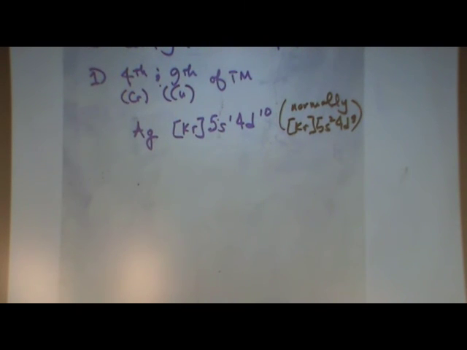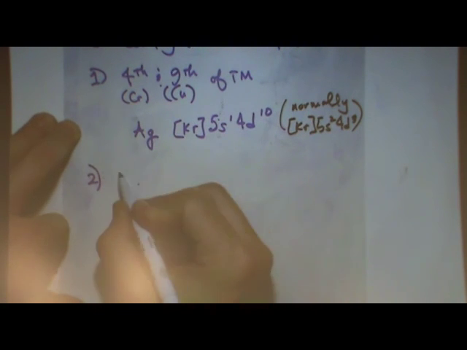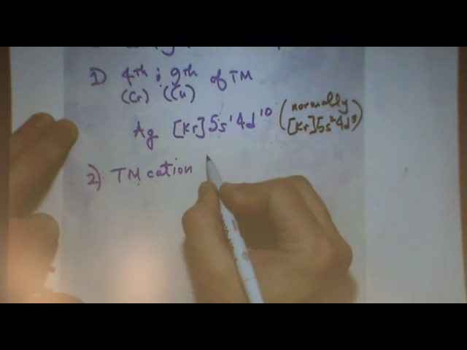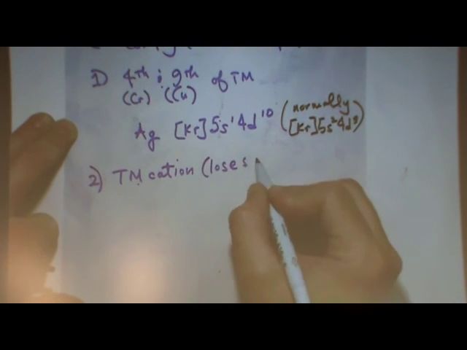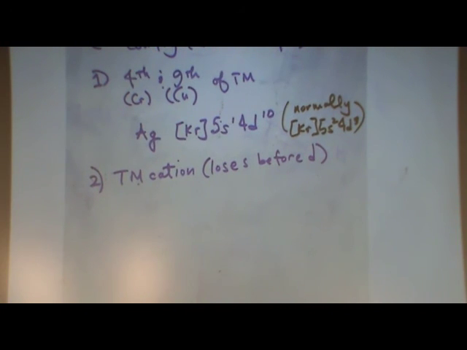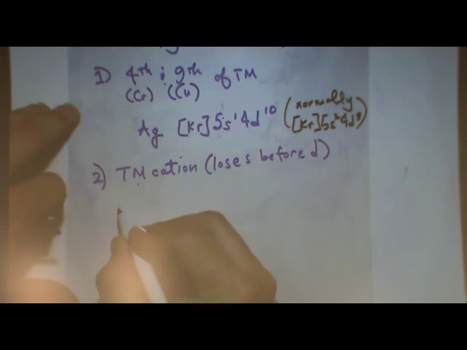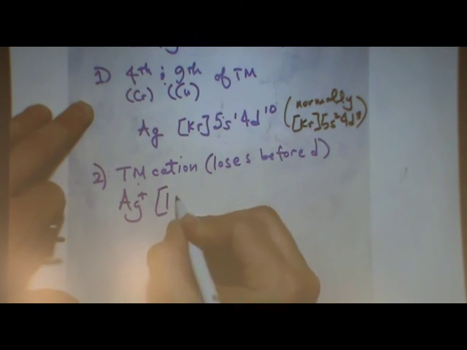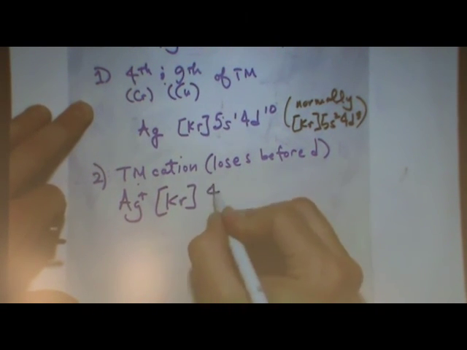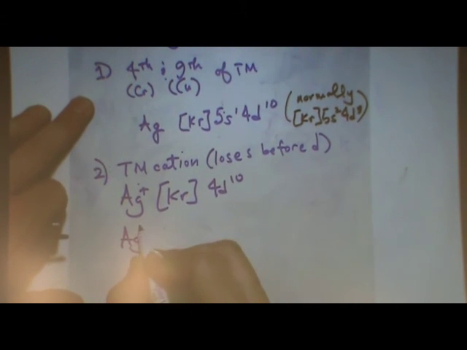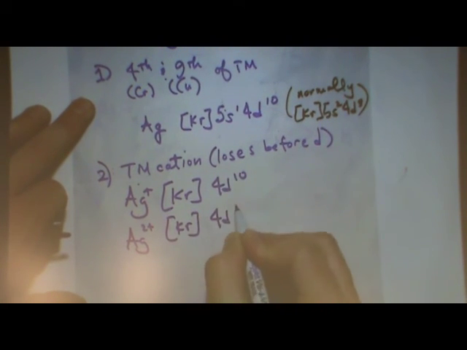Number 2 is for transition metal cations, you lose the s before d. So, for example, silver might be this, but silver plus would be 4d10. You lose the s first. Silver 2 plus would be Kr 4d9.